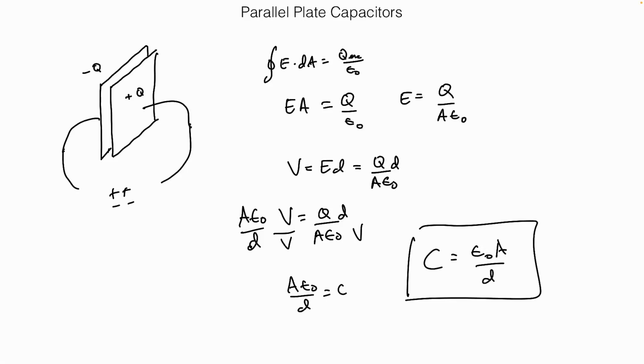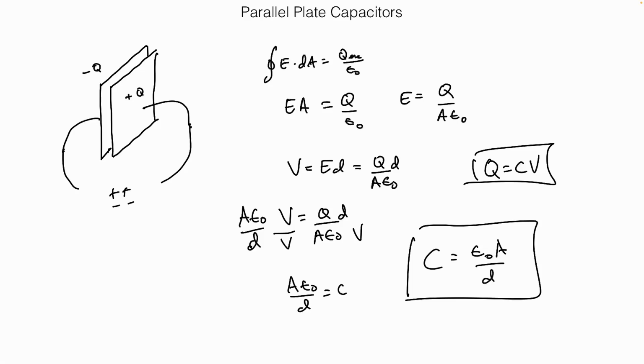And notice now, it's true, right? We know that Q equals CV for the capacitor. Charge is equal to capacitance times voltage. But notice in the box at the bottom, all the things in that box are physical parameters of my capacitor system, aren't they?